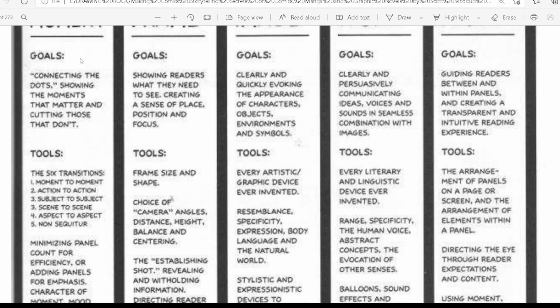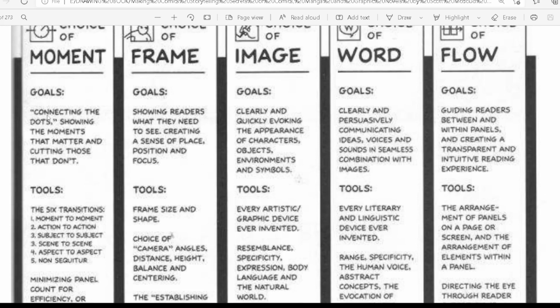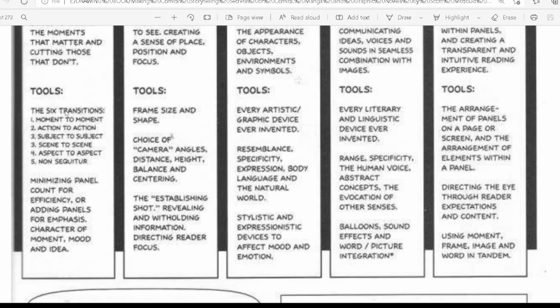Goals: connecting the dots, showing the moments that matter and cutting those that don't. Okay, so the goals are clear. Connecting the dots, showing the moments that matter and cutting those that don't. Tools: the six transitions: moment to moment, action to action, subject to subject, subject to scene, aspect to aspect, non-sequitur.